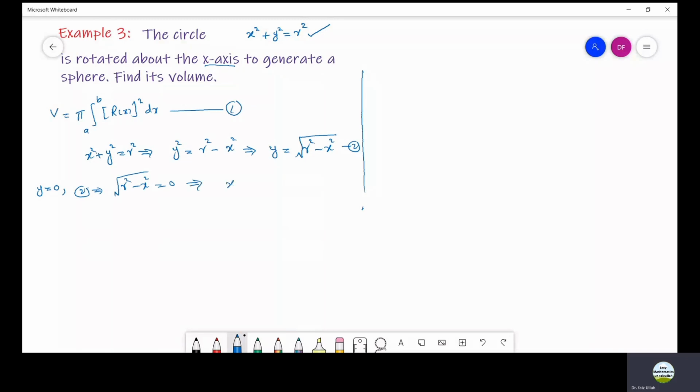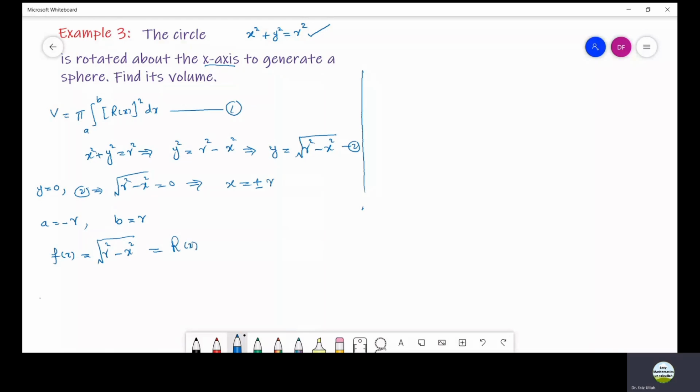And from here we get x is equal to plus minus r. So the value of a is now minus r and the value of b is r. And here f of x, this is r square minus x square under the root, which is the required radius r of x.